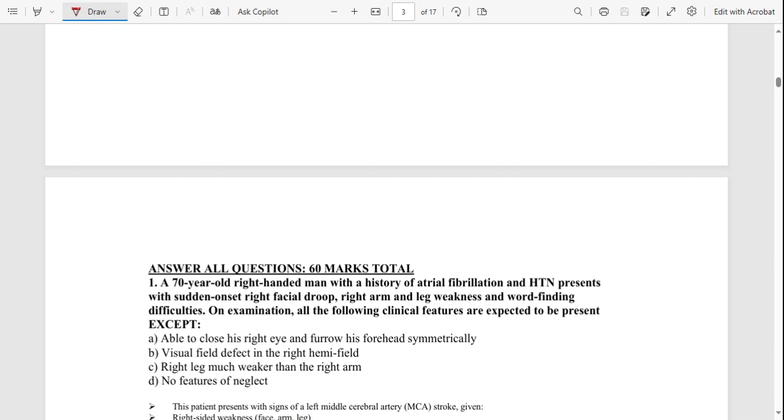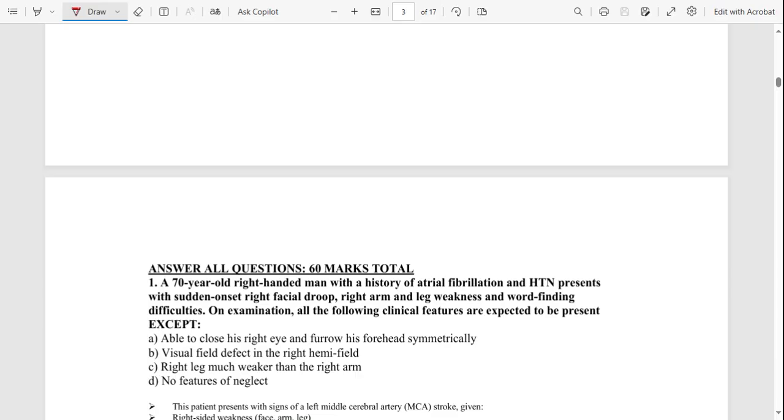On examination, all the following clinical features are expected to be present except A. Able to close his right eye and furrow his forehead symmetrically.